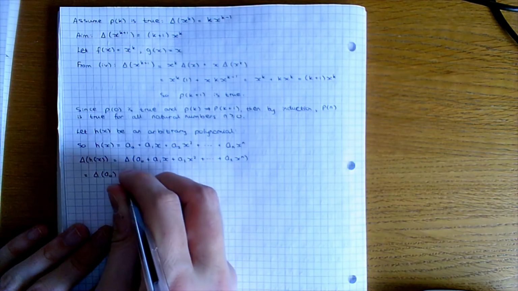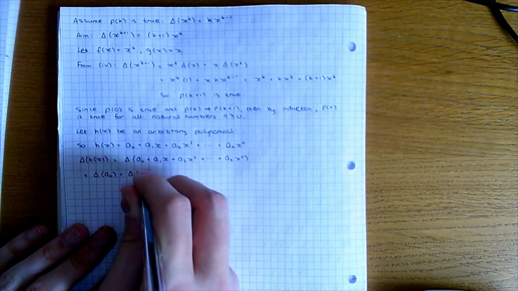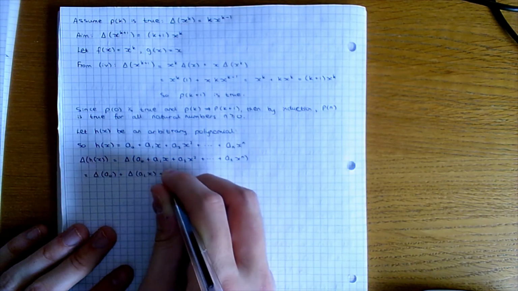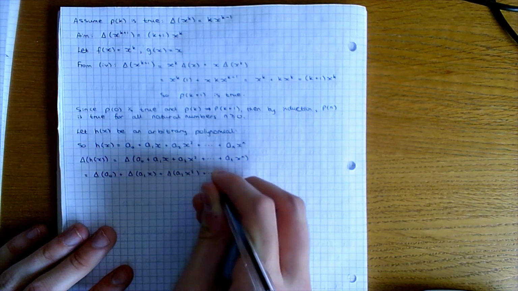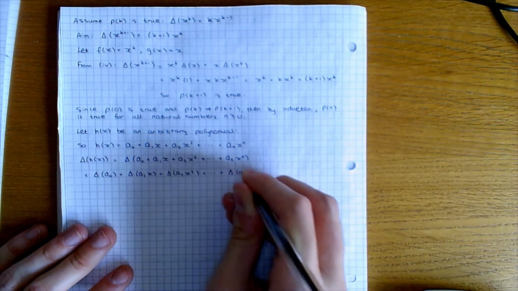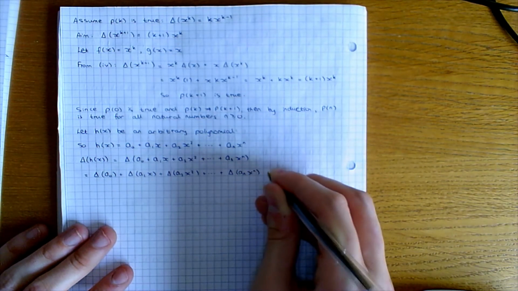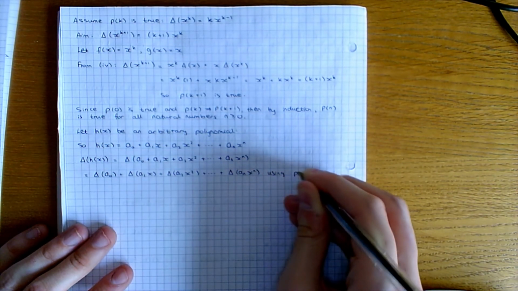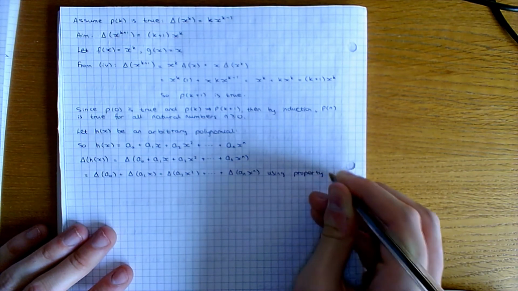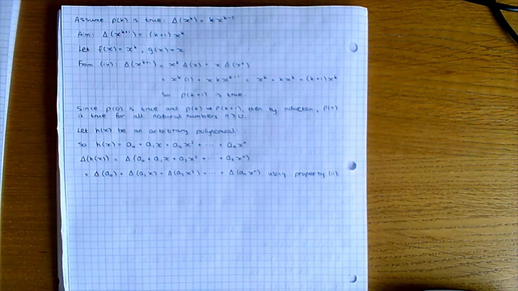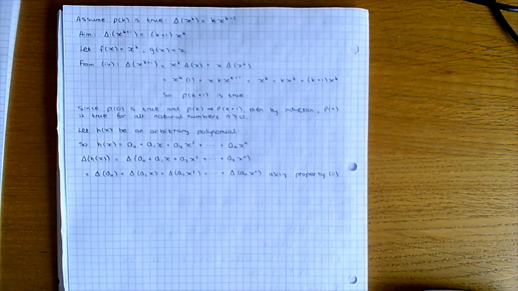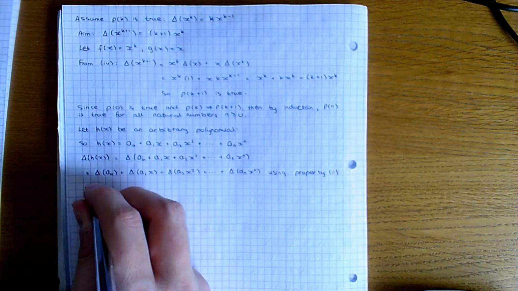So that's delta of a0 plus delta of a1x plus delta of a2x squared plus etc. up to delta of an x to the n, and this is using property 2. Again, it does say to state explicitly when you actually use one of these properties, so it is important that we write this down.